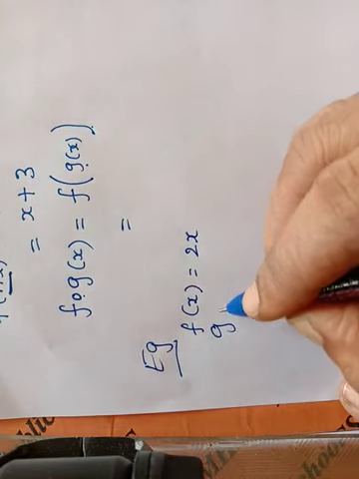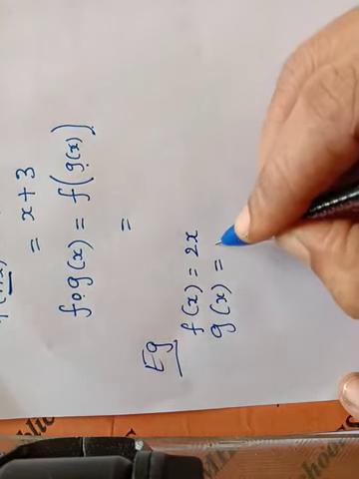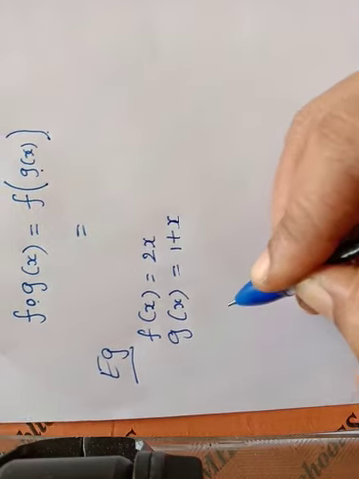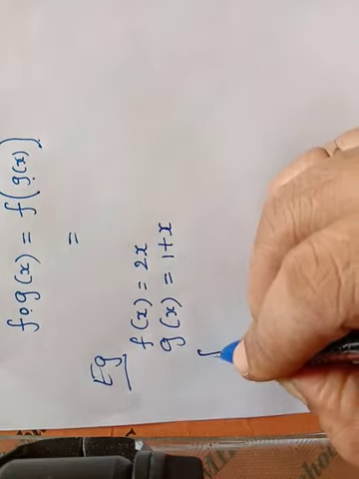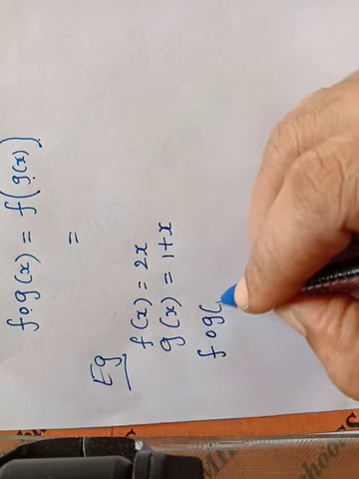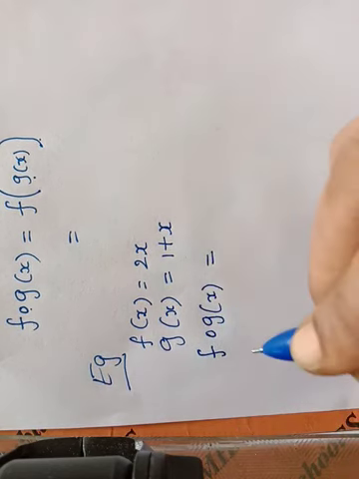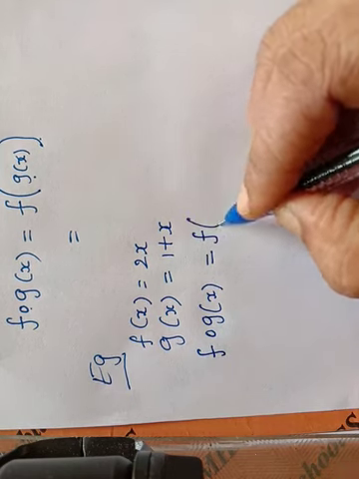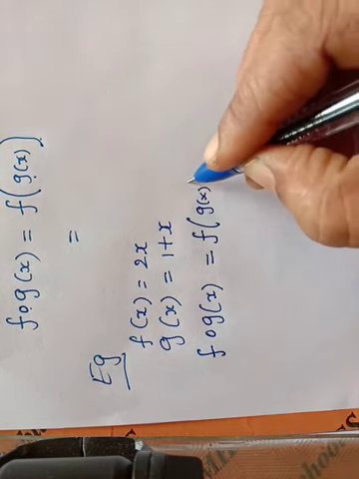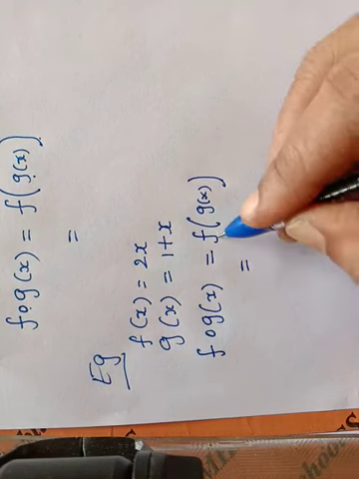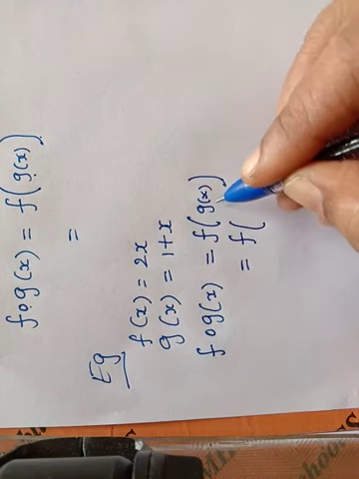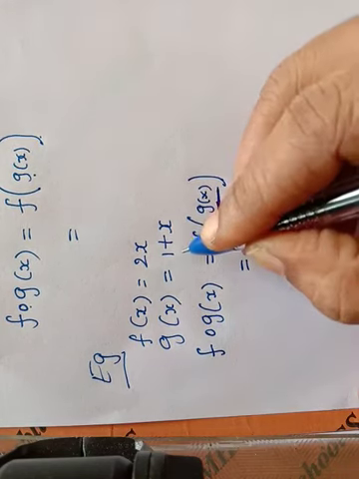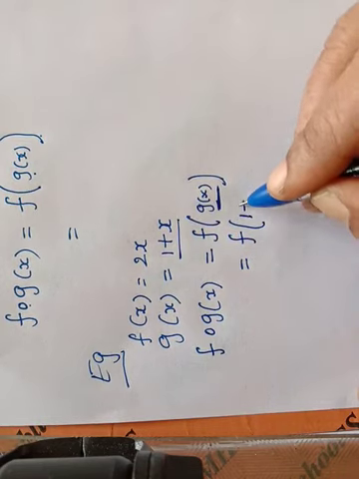For example, g of x equal to 1 plus x. They are asking for f composite g of x. So for removing this composite, it is f of g of x. That is equal to f of, the g of x that is given to you, 1 plus x. You want to write that here.